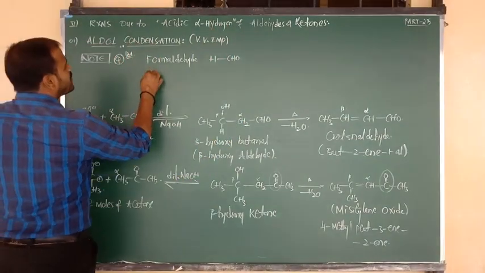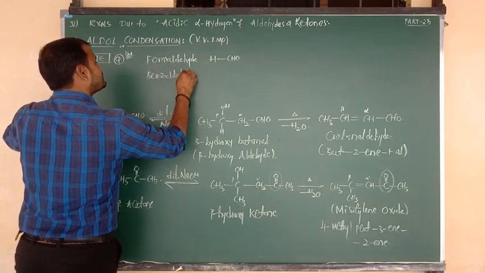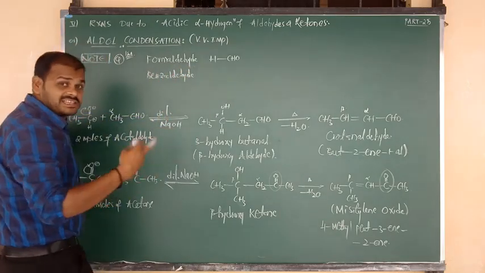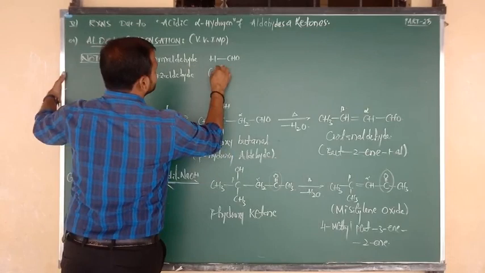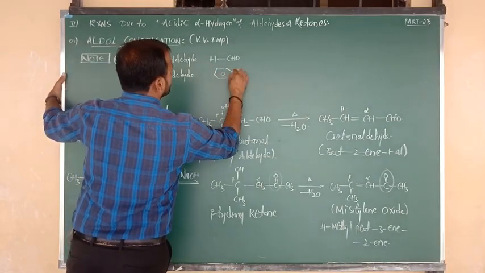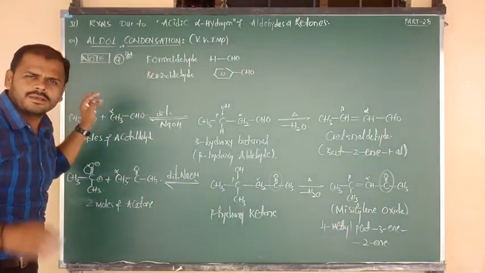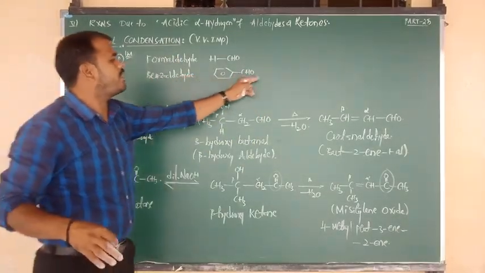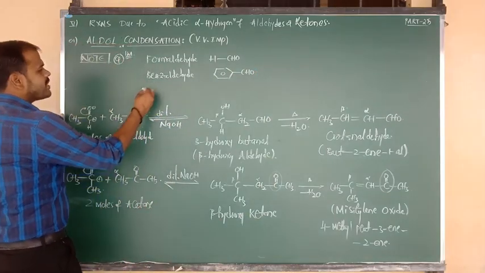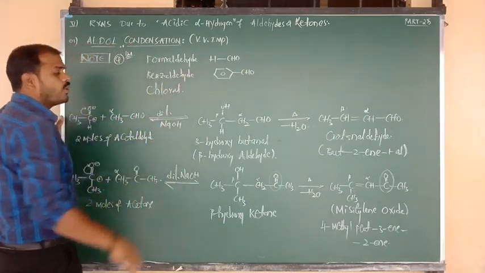Next, what is the formula of benzaldehyde? Benzaldehyde formula is benzene bonded to CHO, and also we can say C6H5 bond CHO. Next compound, very important compound, I am going to introduce. That is nothing but chloral.